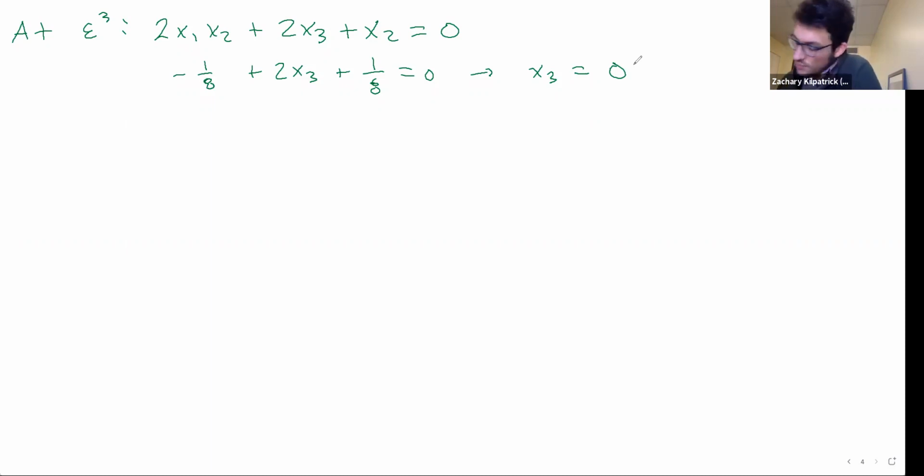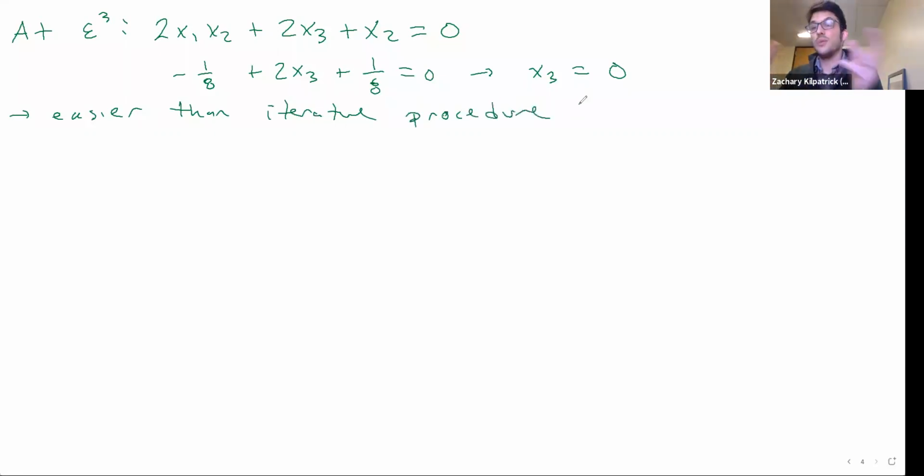All right. So I think that's enough for the expansion method. Let me make a couple remarks and then I'll maybe pause for questions. So first remark is this is easier than the iterative procedure. Once you build the expansion, you just have to do a series of algebraic calculations.